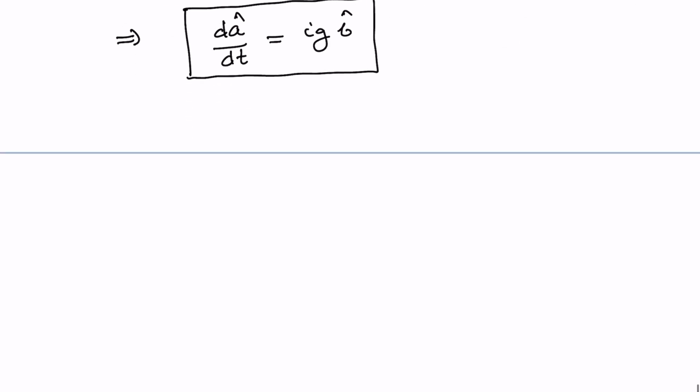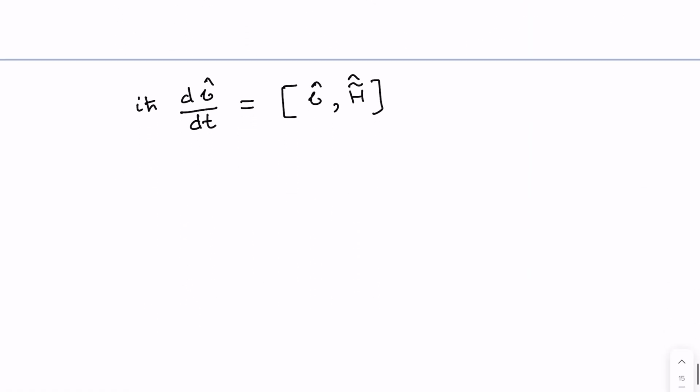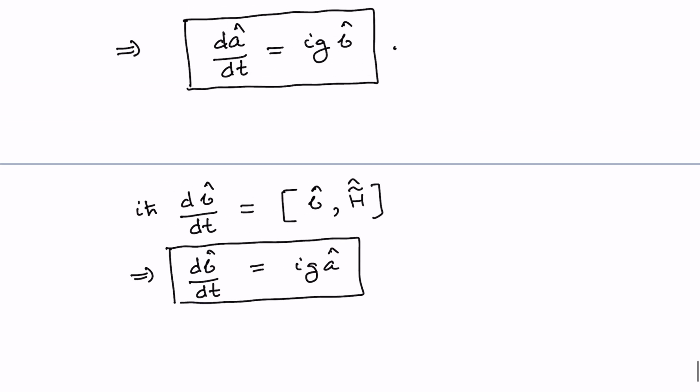And similarly from the Heisenberg equation for the mechanical mode, i h bar dB dt is equal to b H, this is H tilde actually, the beam splitter Hamiltonian we are taking, but I hope you understand. So using this you are going to get this differential equation for the mechanical mode, dB dt is equal to i g A. Alright, so we have these two coupled differential equations, and one can easily solve them.